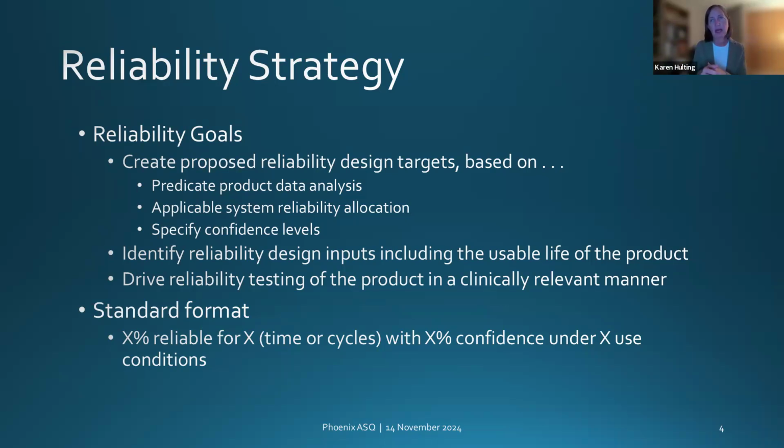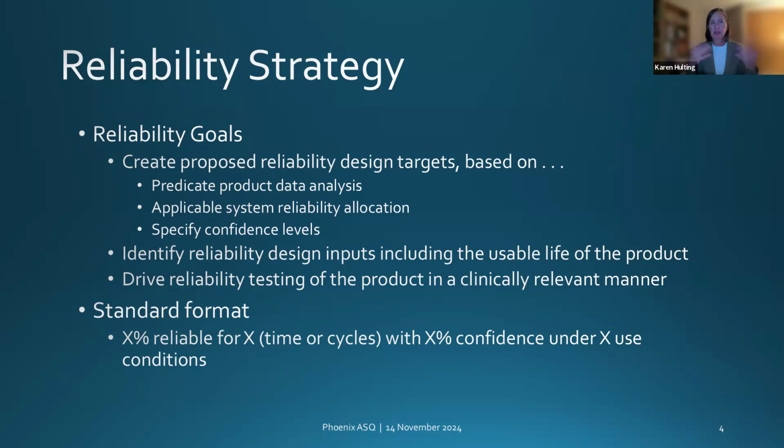We need to figure out how we are going to use this product, whatever that happens to be. And then the format of that reliability goal is that it needs to be X% reliable, and let's hope that's a number that starts with a 9, for X amount of time or cycles or any other kind of time horizon variable, with X% confidence, under X use conditions, right? So each of those X's needs to be filled in.